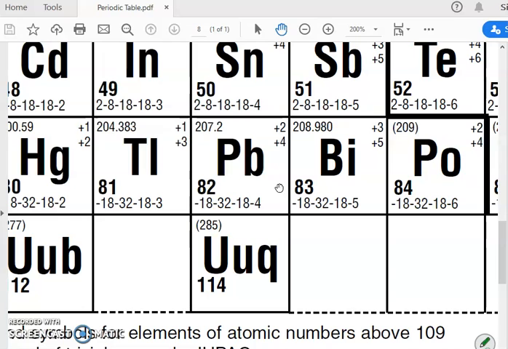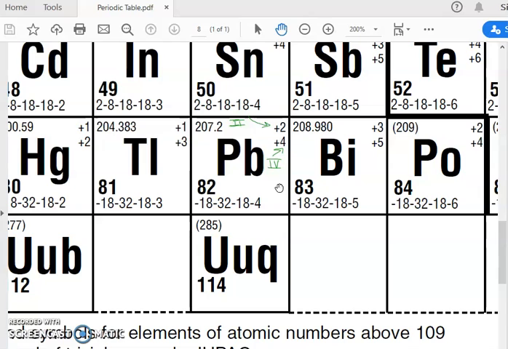It's got a 2 and a 4. And just like in the last one, we know that if it has two oxidation numbers, I'm going to need to know which one I'm talking about in the name. So the 2 charge is going to have a Roman numeral 2. The 4 charge is going to have a Roman numeral 4. Okay? So we have 2 possible charges.